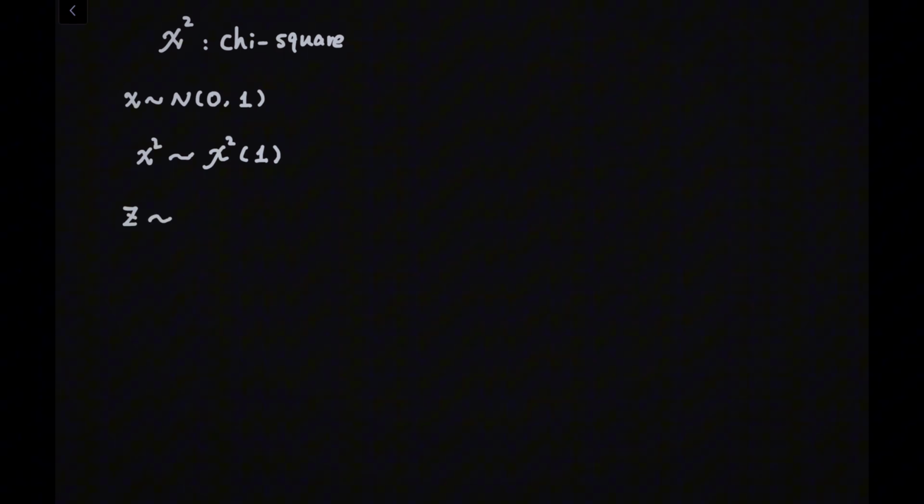Z follows normal distribution with mean 0, standard deviation 1, and by convention, we just use z to denote a standard normal random variable. So if you randomly select a value of z and square it, this follows chi-square distribution with degrees of freedom 1. So at this point, you can tell that chi-squared distribution has only one parameter, a positive integer, usually denoted by k.